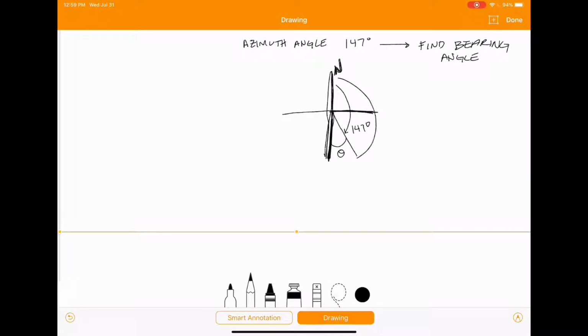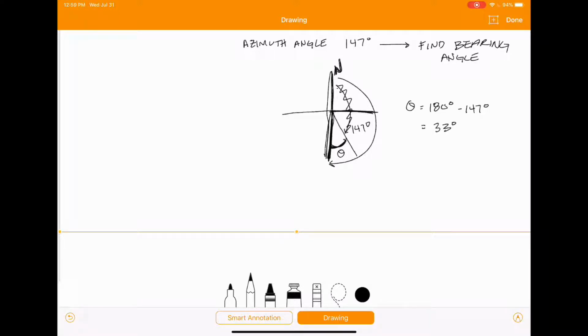So if we do 180, subtract this here, we'll be left with our theta there. So theta equals 180 degrees minus 147 degrees. And again, you can plug that into your calculator, and you're going to get 33 degrees as that theta.